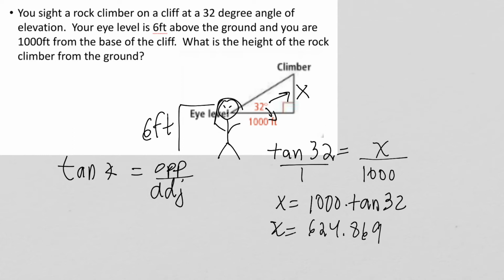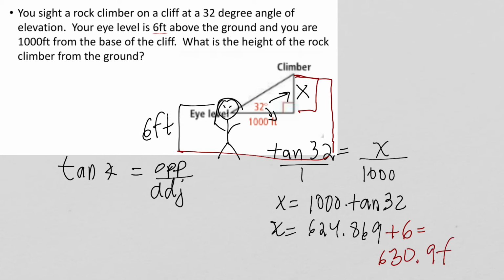But that's not going to be our answer because that's just from here to here. We want to know the height from the climber all the way to the ground, right? So we need to add on that 6 feet of the eye level there. So my correct answer for this one is 630.9 feet.